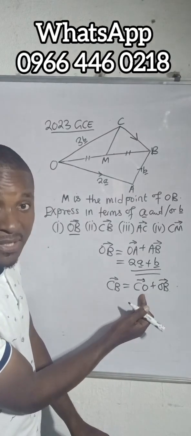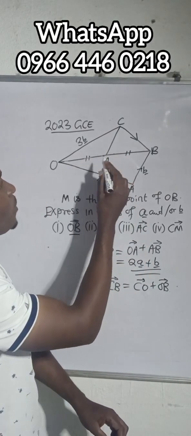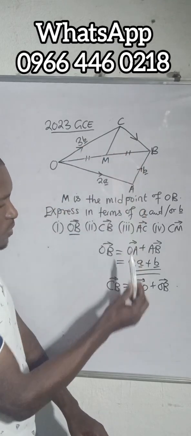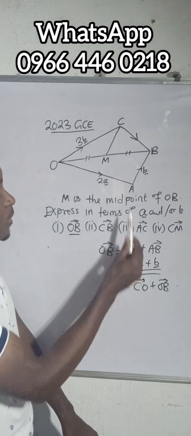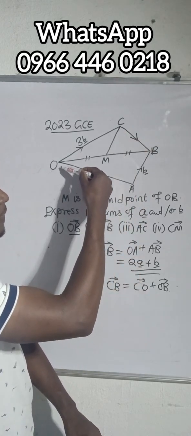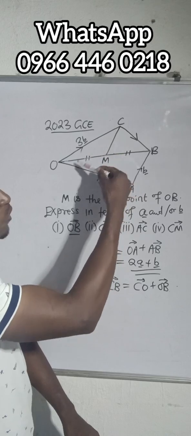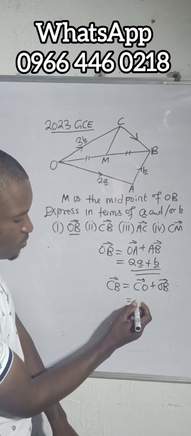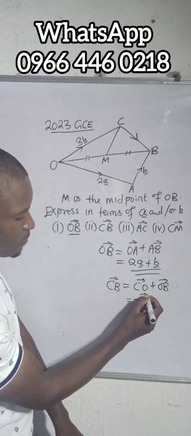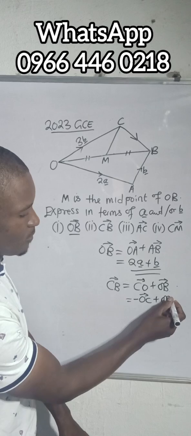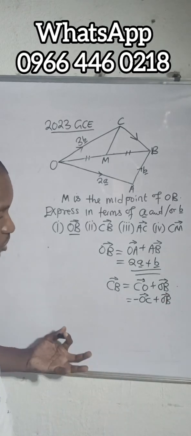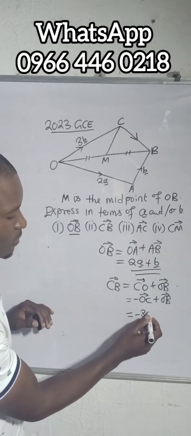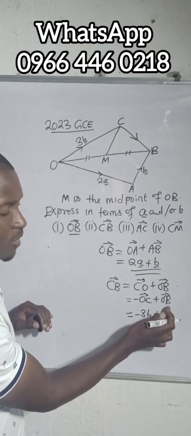So in this case, CO, I'm moving from C going to O, which collides with the original direction, so I have to change this one. It's going to be negative OC, then plus OB. Then from there we know negative OC is just going to be negative 3 vector b, plus vector OB.